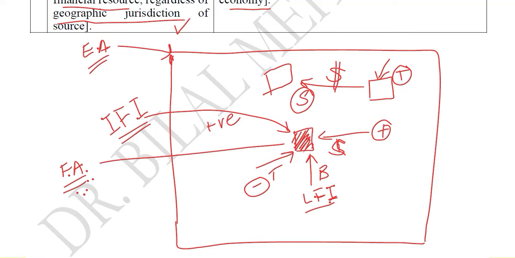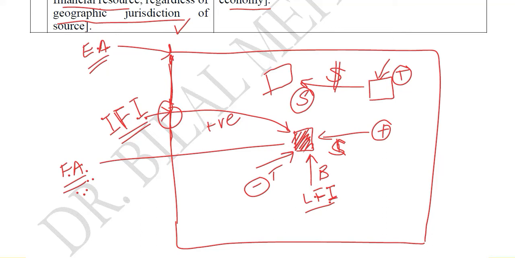But at the same time, this is that point where there is an addition in the overall economy, because this is some other financial institution. So this is the boundary of the borrowing economy and some resources are entering into this economy.